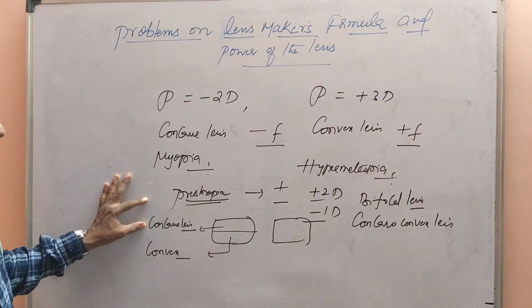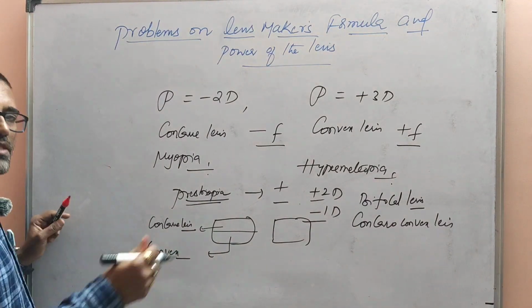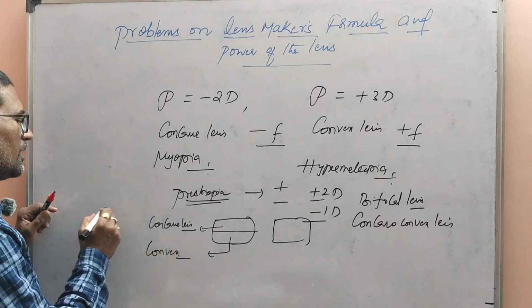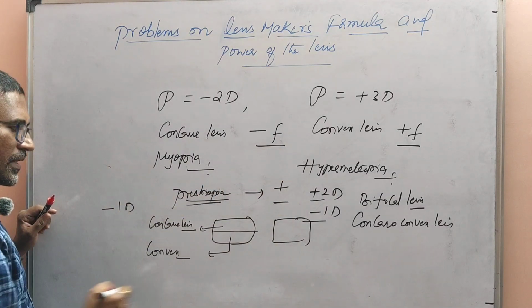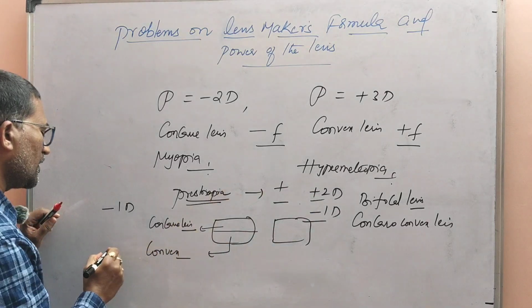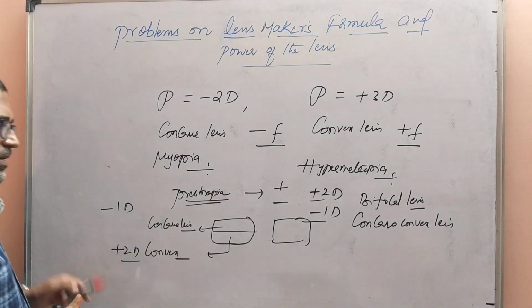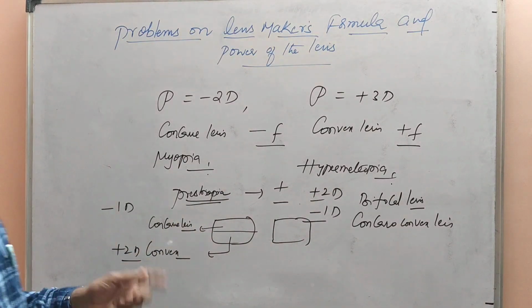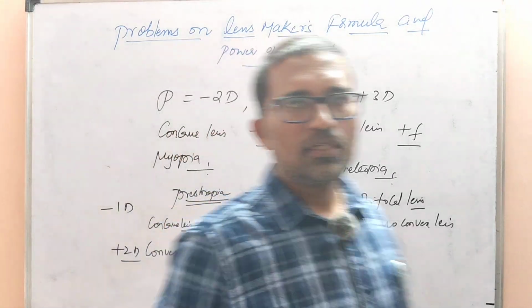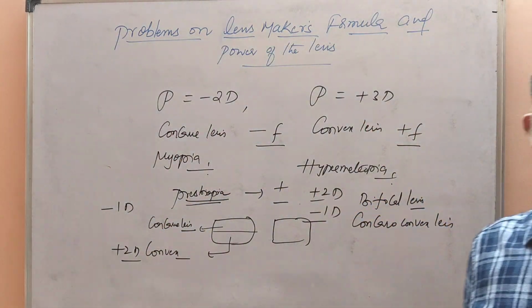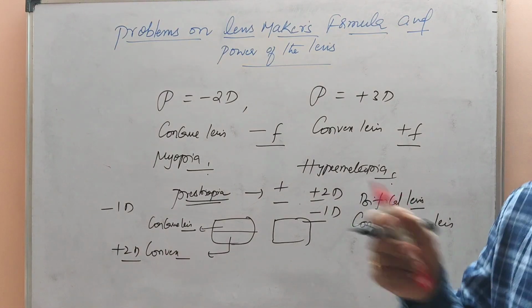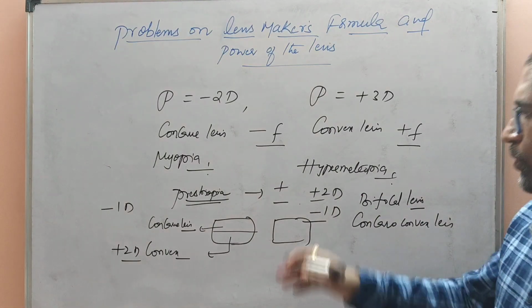For the upper part, the power is in terms of minus because it is a concave lens, for example minus 1D. And the lower part, for example, is plus 2D. So the person suffering with presbyopia is supposed to use both concave and convex lens together, nothing but a bifocal lens, having both the powers.